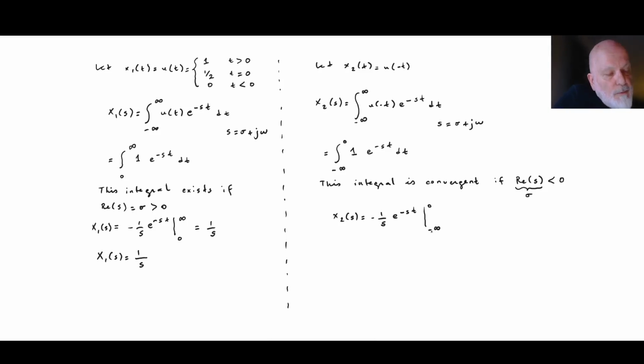As t tends to minus infinity, e to minus sigma t will tend to 0 because sigma is now negative. And the result of the integral will be minus 1 over s. So the Laplace transform of u of minus t is minus 1 over s.